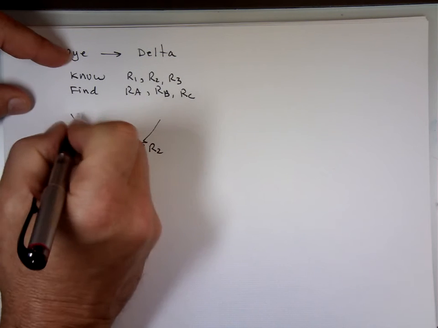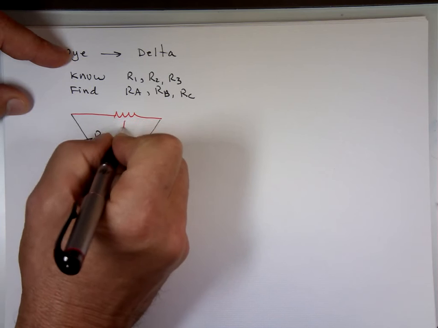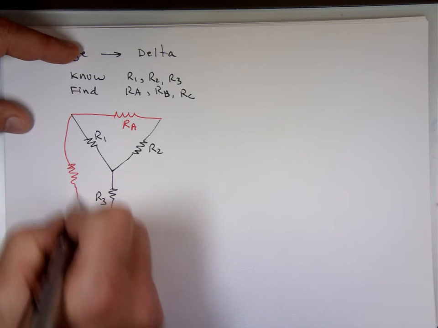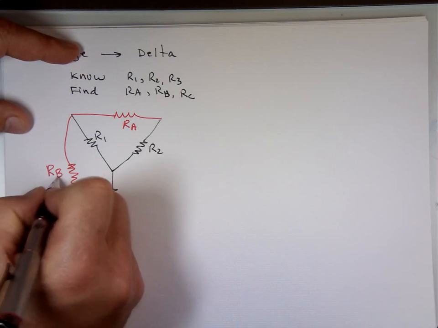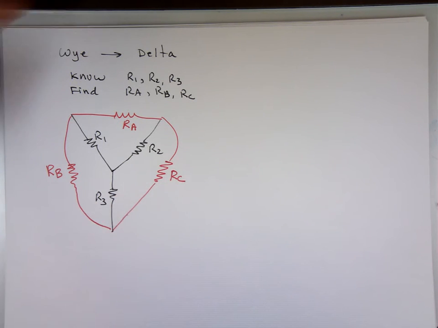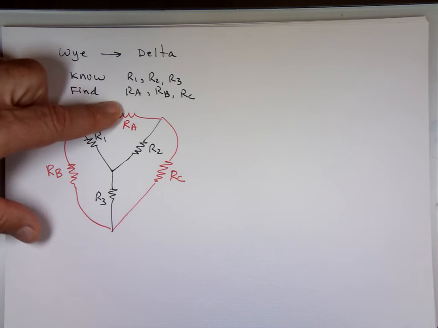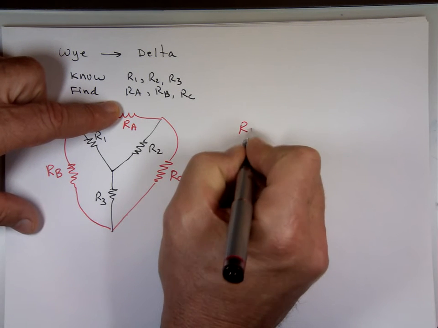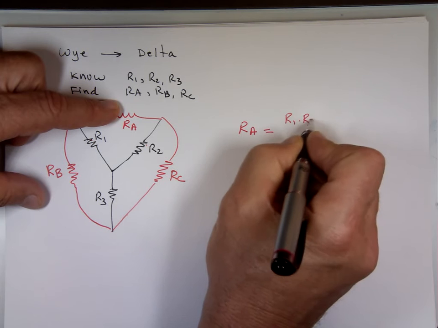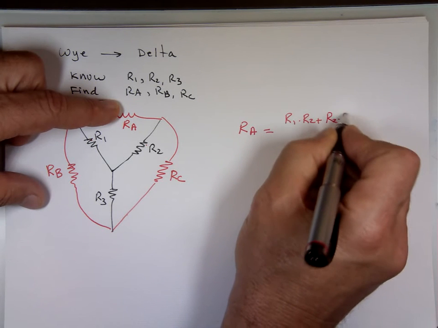So now you want to find R sub A, the red is what you're trying to find, and I did R sub B down here, and this is R sub C. If I'm looking for R sub A, I'm going to do R1 times R2, plus R2 times R3, plus R3 times R1.